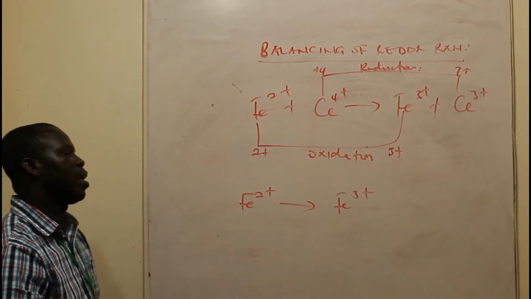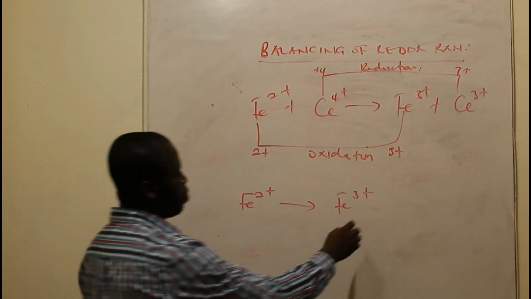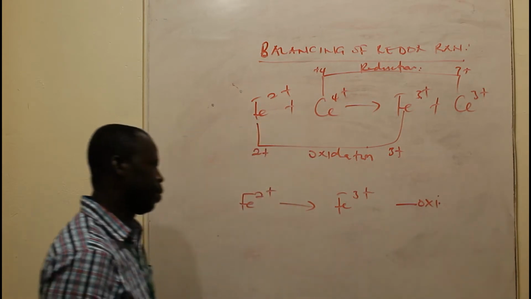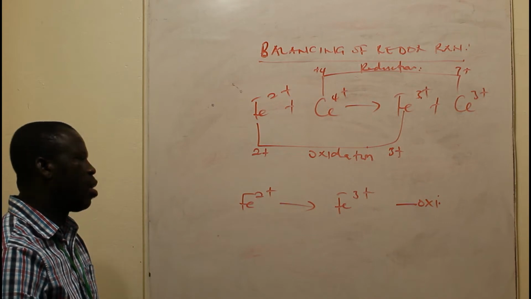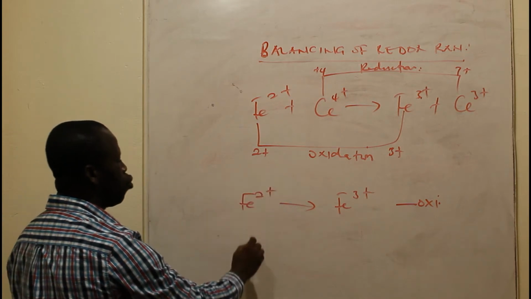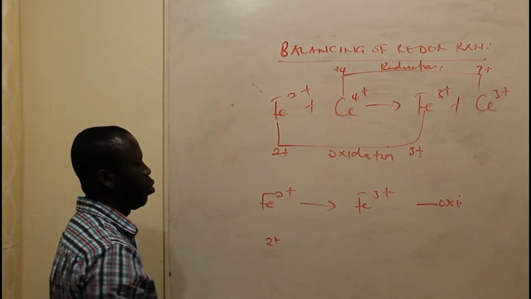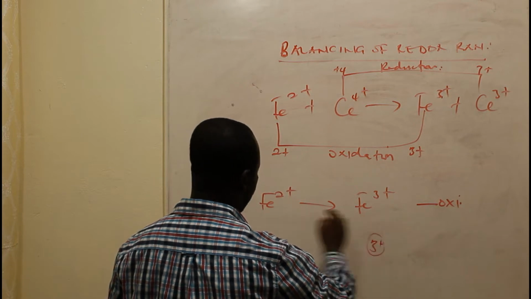So what we have to balance are the charges. This part, as I said, is the oxidation part. How do you balance the charges? A total of 2 charges here, a total of 3 charges here.